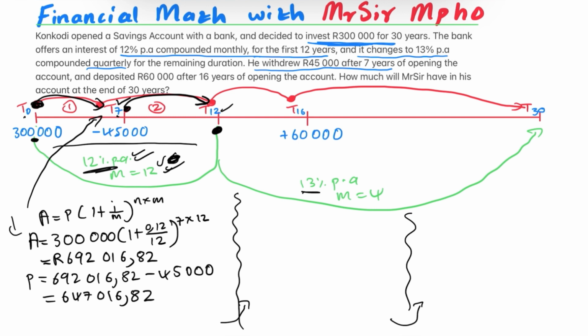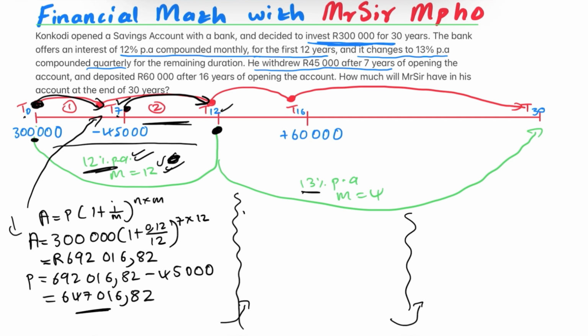So now, for how many years will my growth happen? 12 minus 7 years. 12 minus 7 is 5, which means this period here is 5 years, right? Then I'm going to grow this amount of money for 5 years using the old compound interest and compounding period.